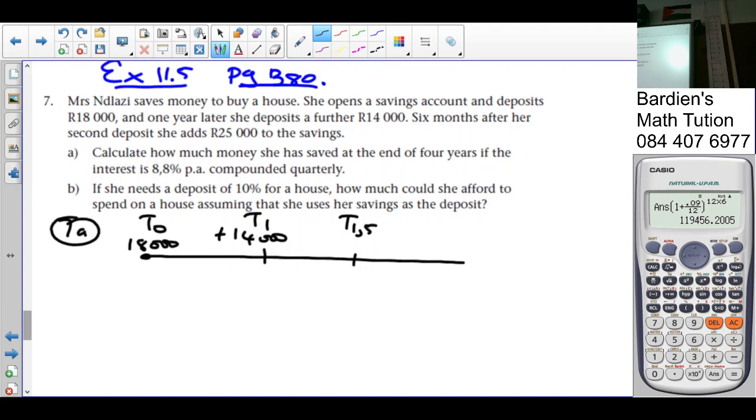Plus indicates a deposit. Calculate how much money she has saved at the end of 4 years, if the interest is 8.8% per annum compounded quarterly.